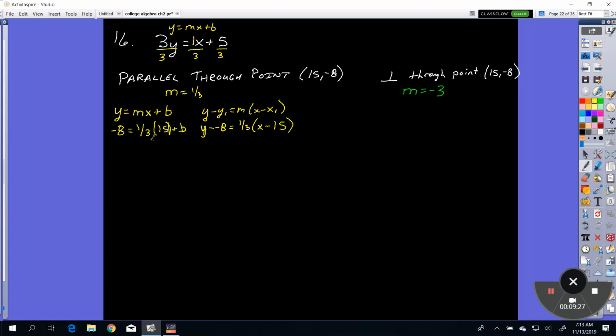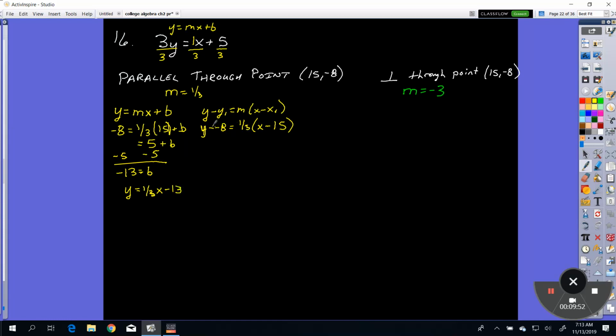So 1/3 of 15 is 5. We still have the plus b, so I'm going to minus the 5 over. So that makes negative 13 equals b. So y equals 1/3 x minus 13.